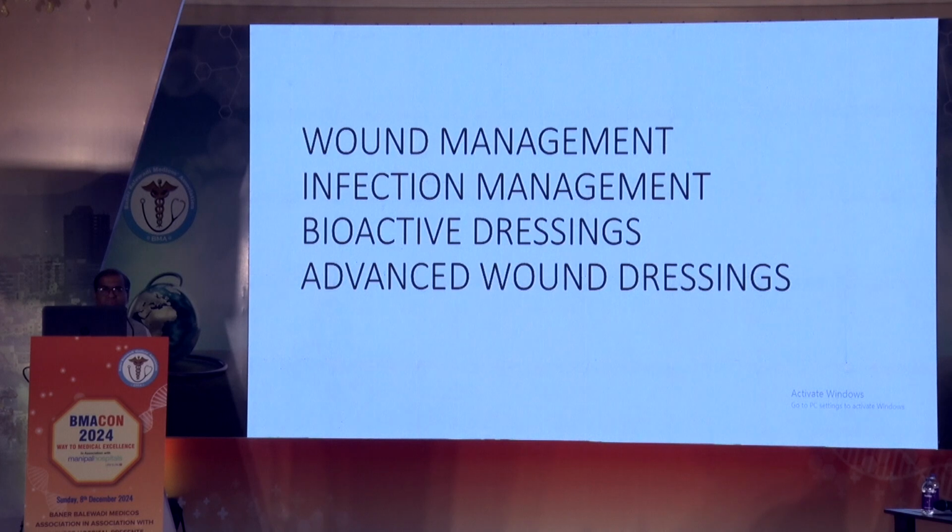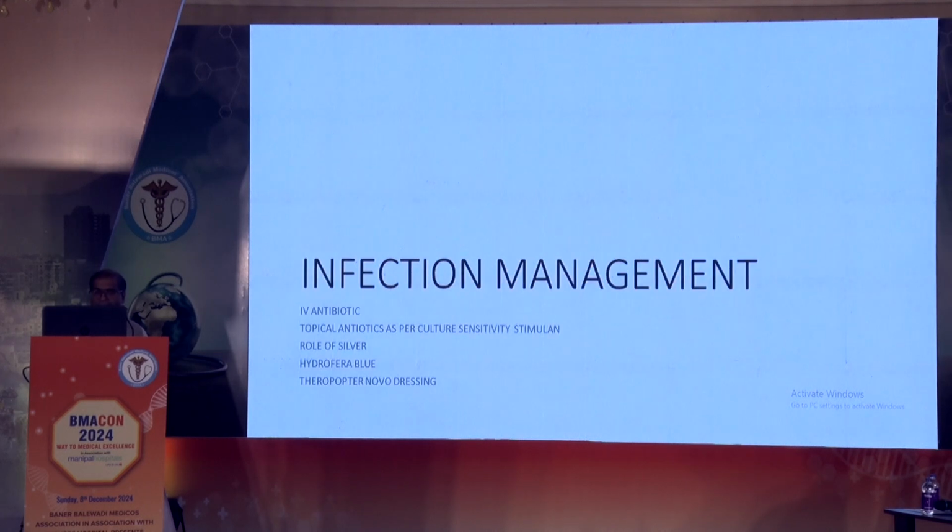Why is moisture important? Because we know that the rate of wound healing doubles if we provide moisture to the wound. A dry, desiccated wound can lead to impairment of the function of vitally important structures like tendons and nerves, whereas a moist wound will improve epithelialization and covering will be done faster. Infection control, as we all know, we go for IV antibiotics, we go for topical antibiotics.